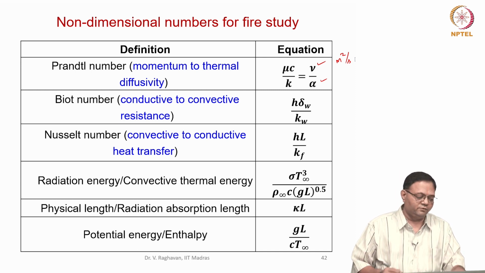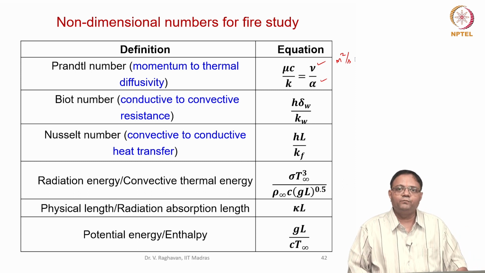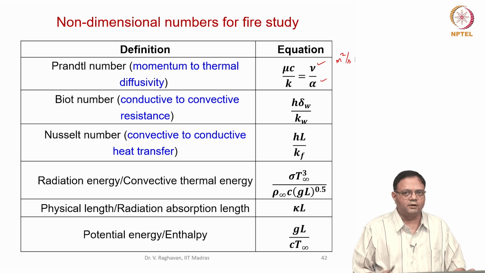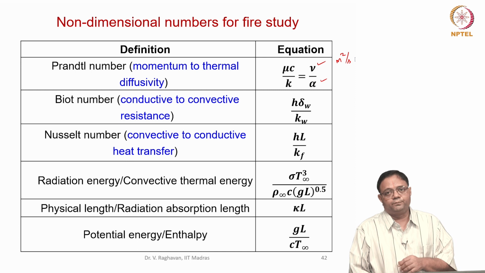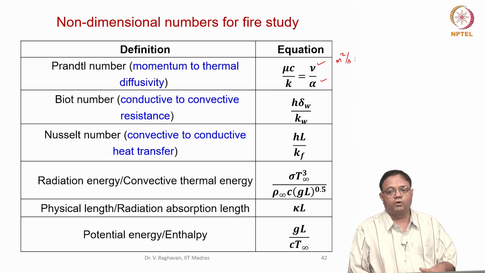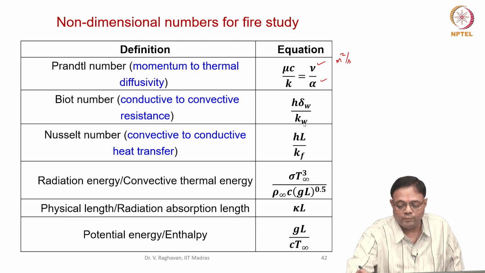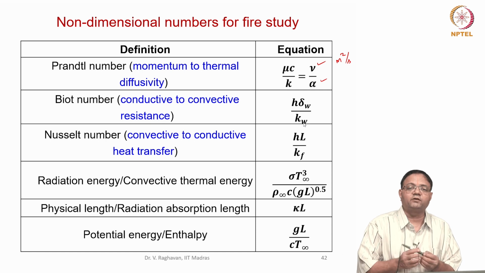So normally this is done when there is a solid interface, a solid surface over which there is a hot flow or cold flow, whatever. It can be heat transfer in either direction. So now there is a heat transfer coefficient. Then there is a thickness of the solid. Then there is the thermal conductivity of the solid. h delta w by k w will specify the conductive to convective resistance.